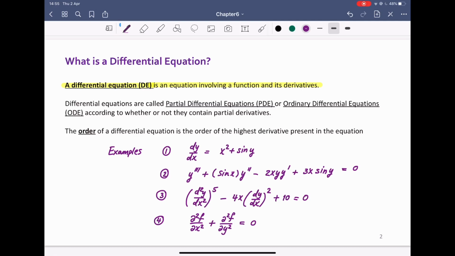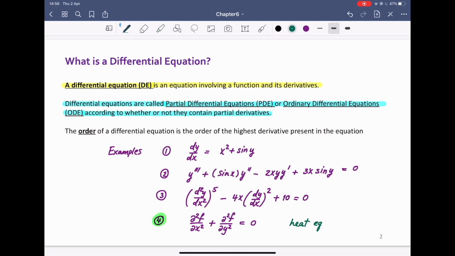So the next line that I have here says that differential equations are called partial differential equations, in short PDE, or ordinary differential equations, in short ODE, according to whether or not they contain partial derivatives. So the example of a PDE is number 4 here. This is an example of a PDE because it contains partial derivatives. Actually, this is called the heat equation.